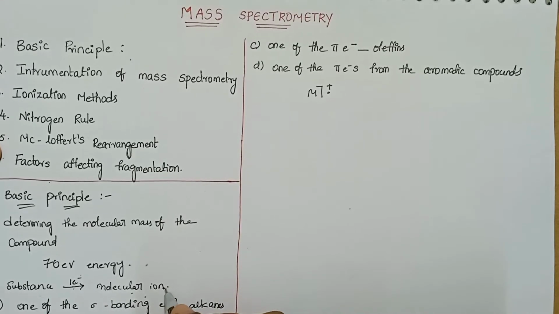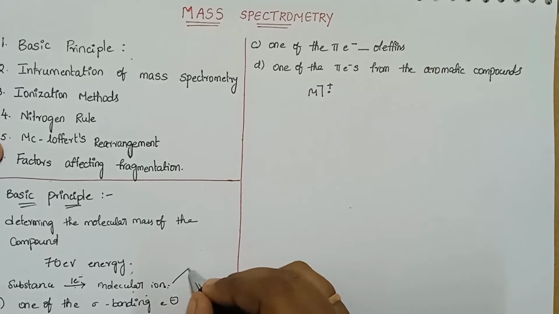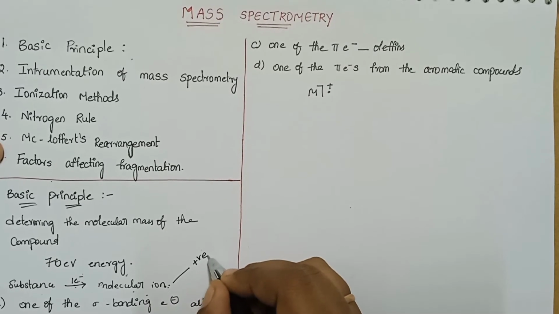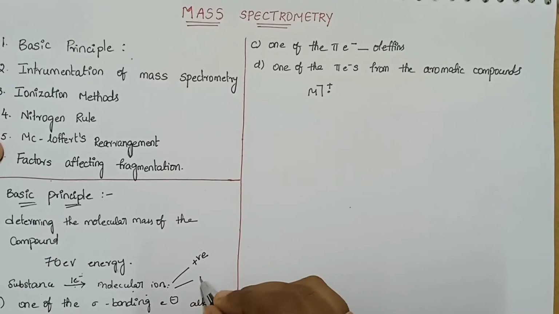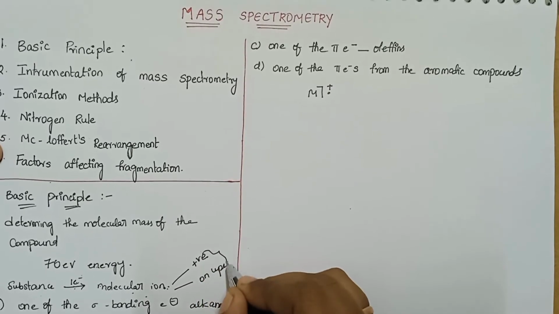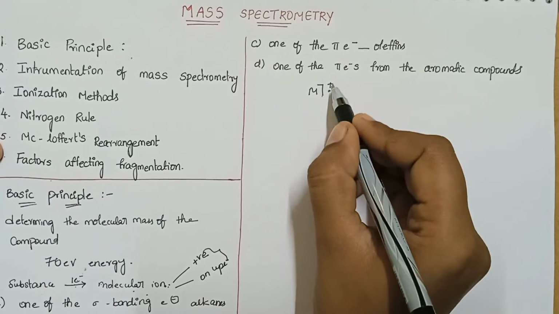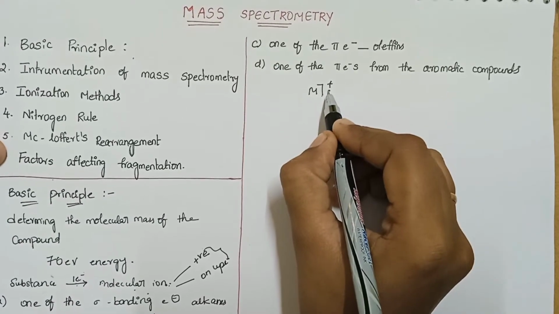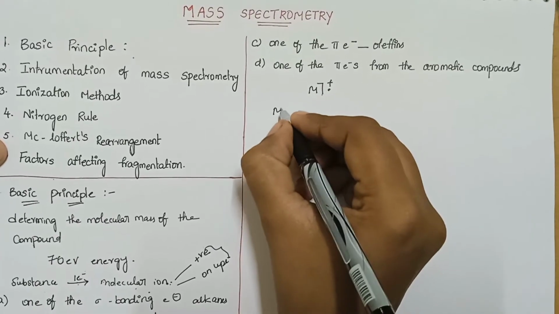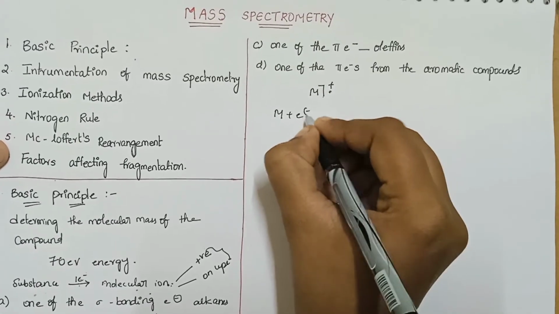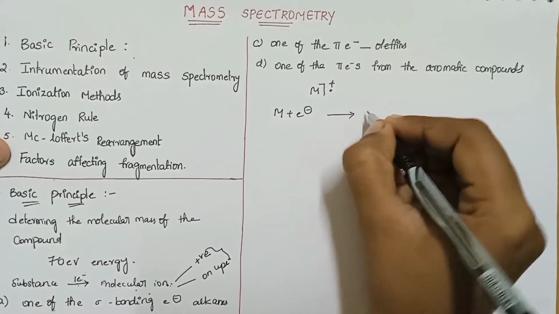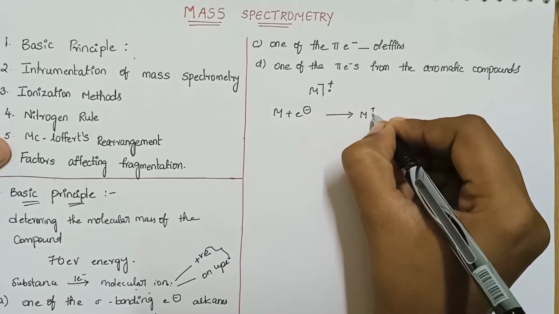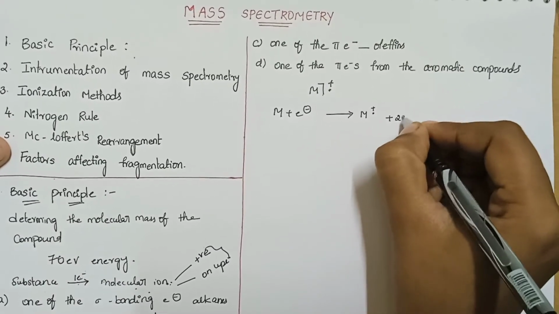So it is denoted M plus and a dot. We'll see the equation: M plus e gives rise to M plus radical plus 2e.